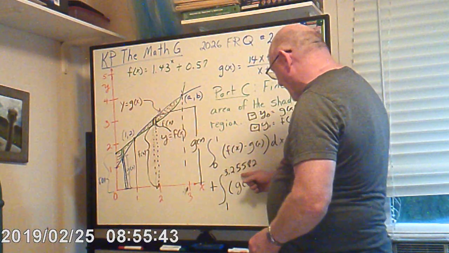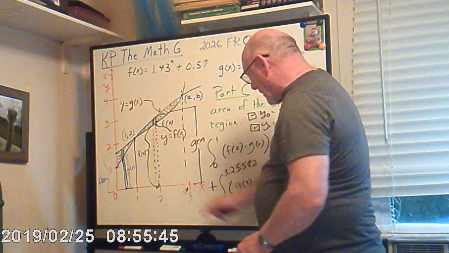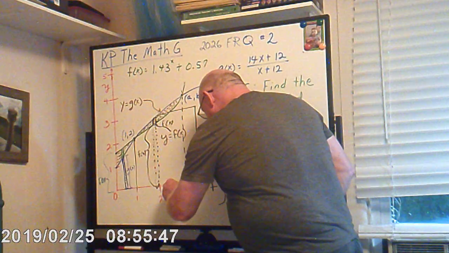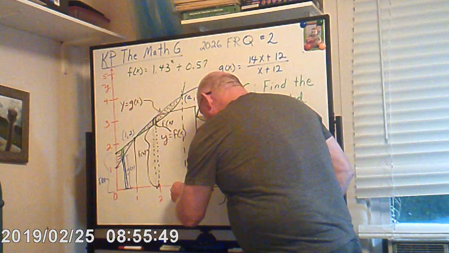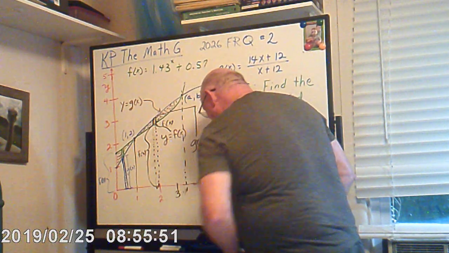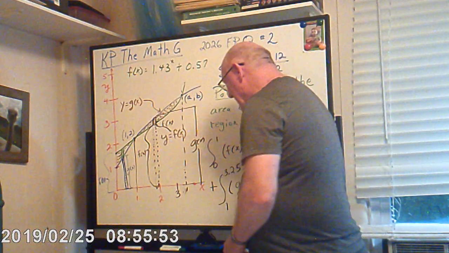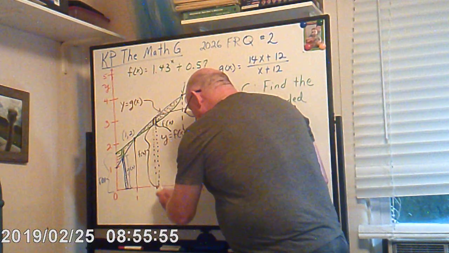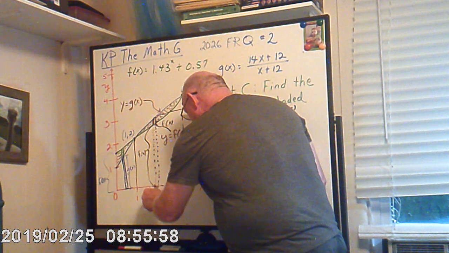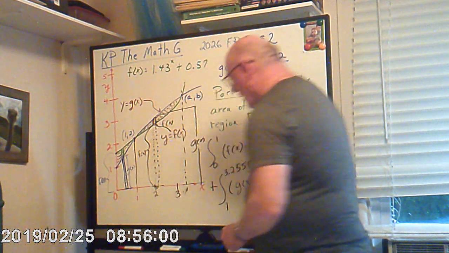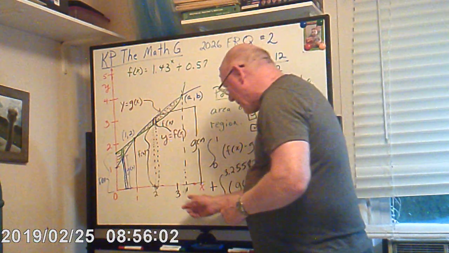It's 3.25582 and 3 is here. I can move my 3 over here somewhere, and my 2 over to put it somewhere in there. Yeah, that looks a little better now.